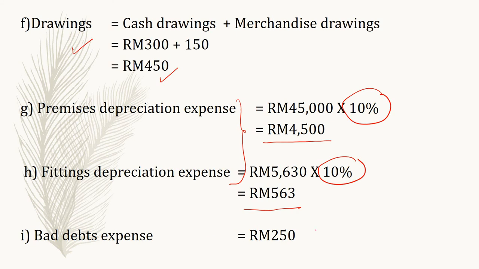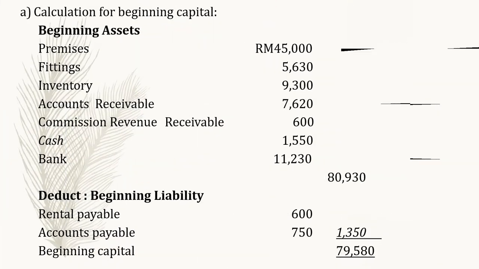And then you are given 250 as your bad debt expense in the additional information. So the calculations for beginning asset will be 79,580 for your beginning capital.